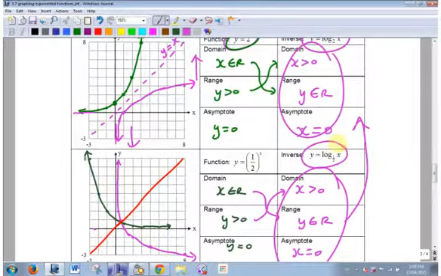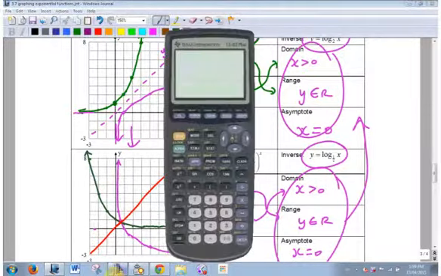Can you graph that? Those of you that don't have a base in your calculator, can you graph that? Yeah, that's log x over log 1/2. It's worth putting in. So, do I need a bracket?